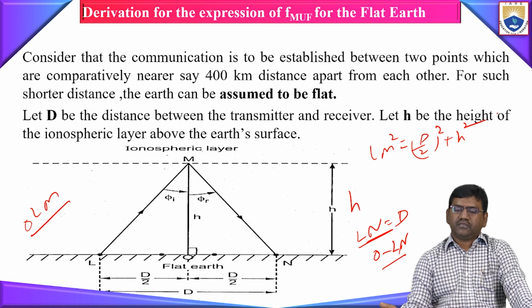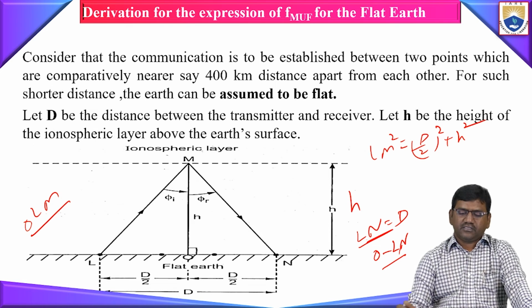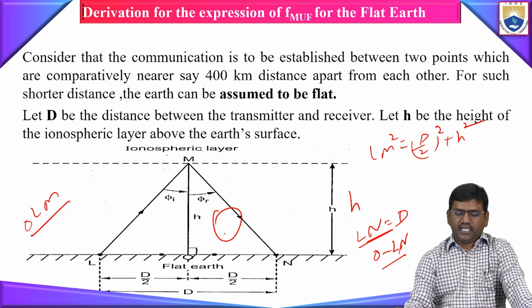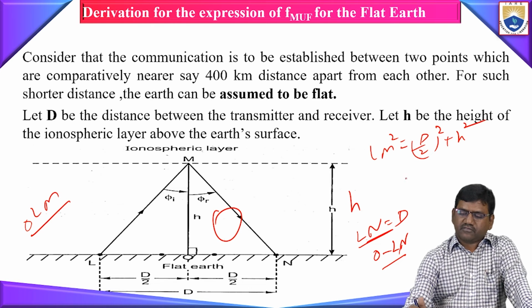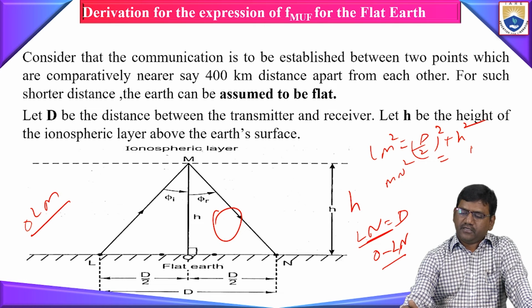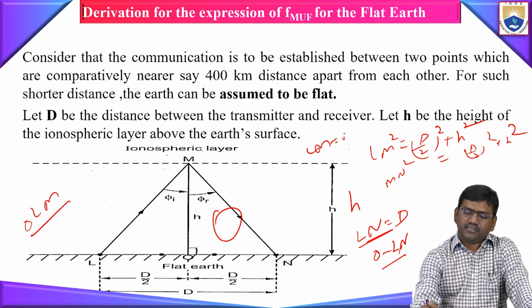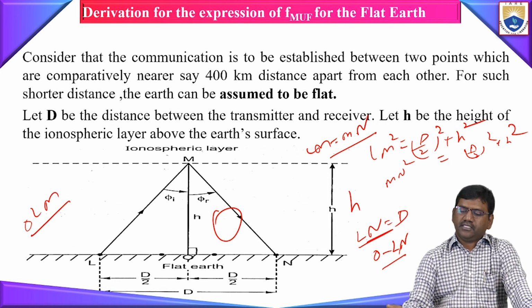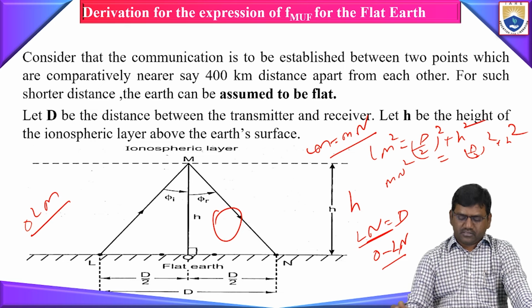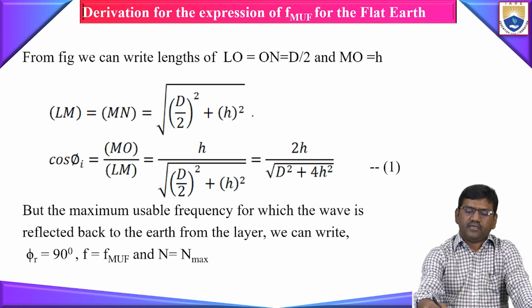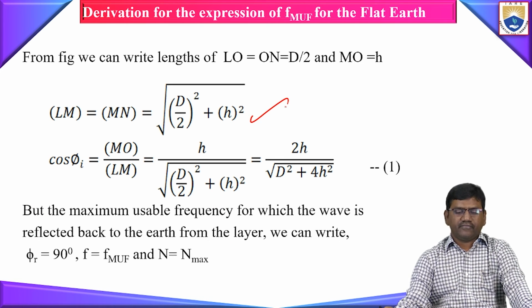Similarly for this triangle also, we can write MN square is equal to D by 2 whole square plus h square. So we can write LM is equal to MN is equal to square root of D by 2 whole square plus h square, from the figure.